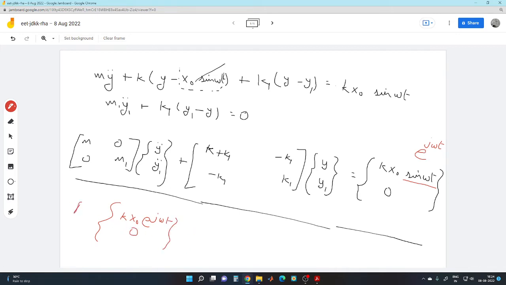If this is the forcing term, we can write the approximate solution as y, y1 e raised to power j omega t. This is the same thing we do in the usual single degree of freedom equation system.